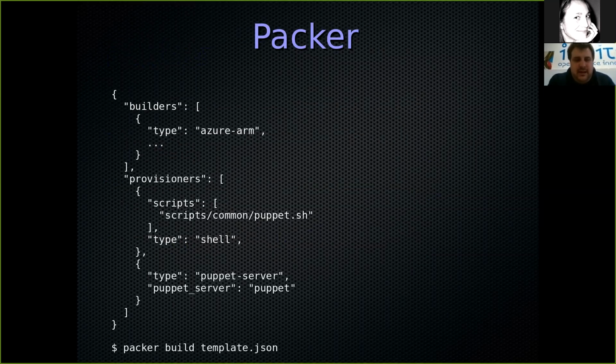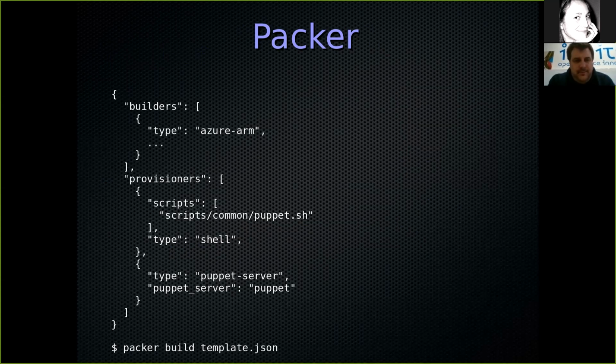Packer basically uses JSON templates to define and model your operating system. In this example, we're building an Azure base image, which you can see here by the type. And then afterwards, I basically install Puppet using a simple script that is on my local host.